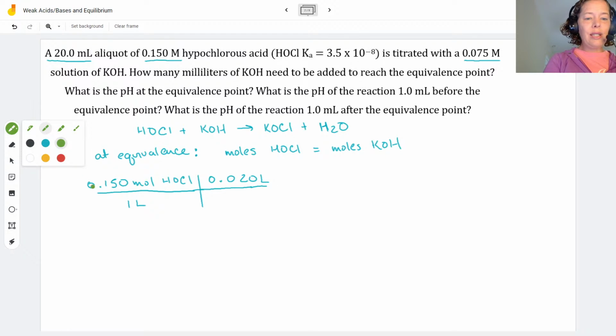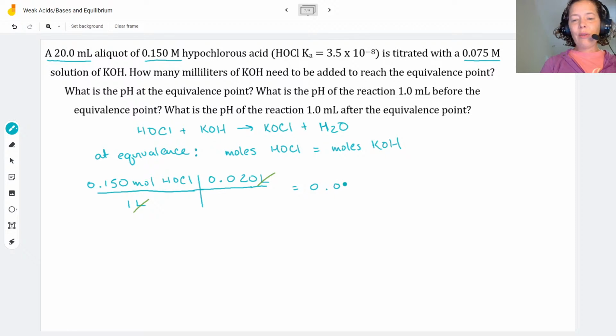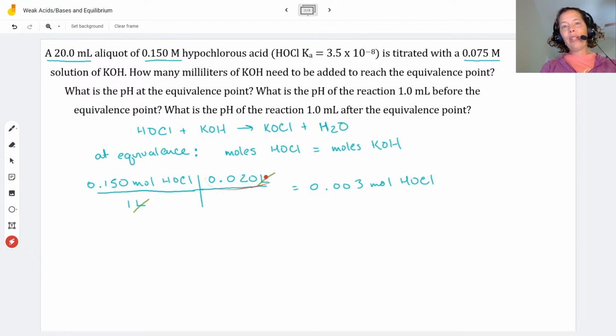So you can see my liters of solution cancel, and now I've just calculated moles of hypochlorous acid. And I have 0.003 moles of hypochlorous acid. Just to be clear, this 0.020 is the 20 milliliters right there. So that is my volume of acid.